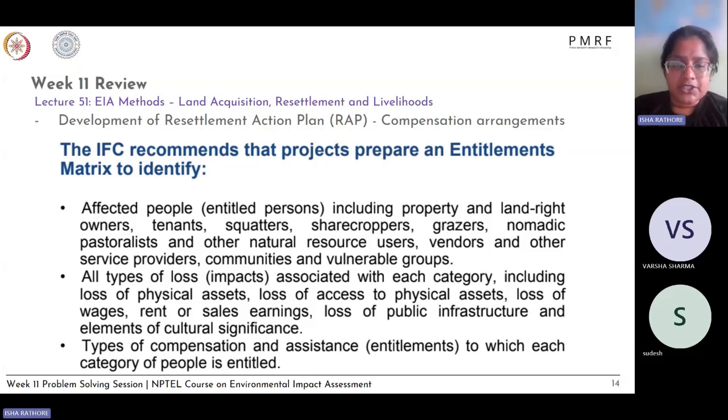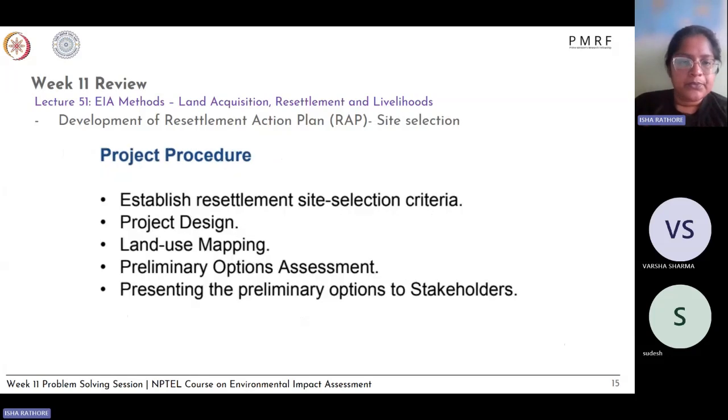Then the types of compensation and assistance or entitlements to which each category of people will be entitled. So you have two kinds of people: those who are directly affected because of their land acquisition, and second, those whose financial or cultural interaction with that land is being affected. So based on that, the compensation is devised for each person.